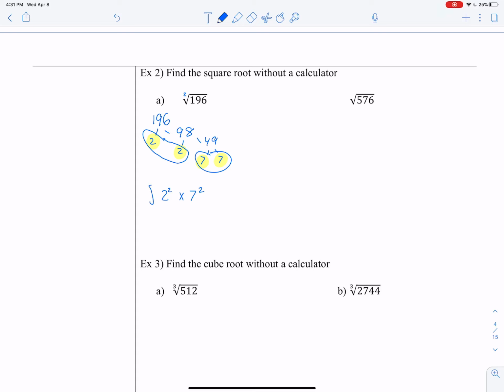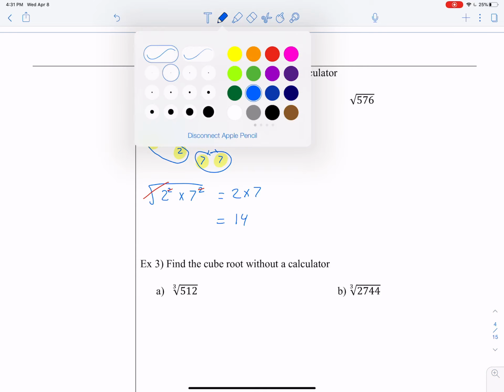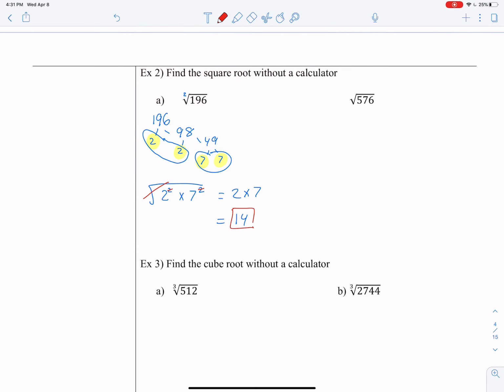So then I'm going to be taking the square root of that. So this is going to cancel, and this, and I'm left with 2 times 7, which is equal to 14. Okay, so my square root of 196, my final answer is 14.